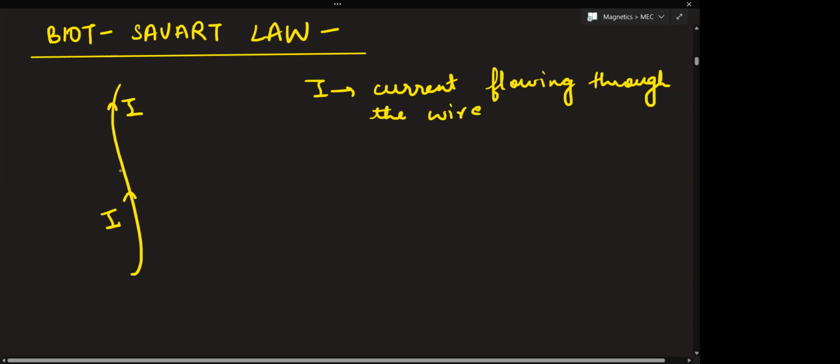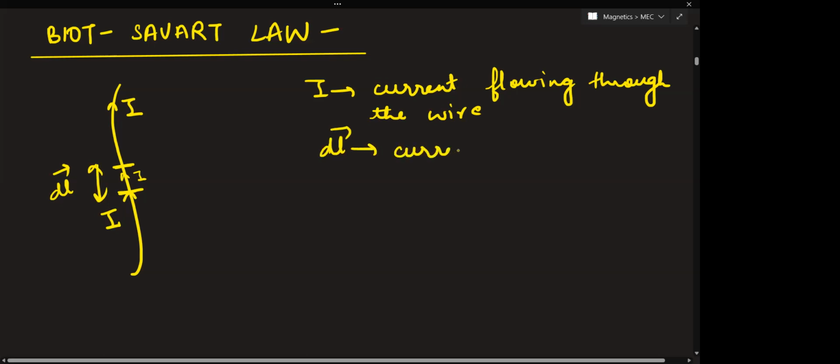Now I have taken a very, very small portion of this current carrying wire. If current is flowing in this direction, then obviously the direction of the small element will also be the same as the direction of current. I call this very small element the current element. The small dL is mainly what?